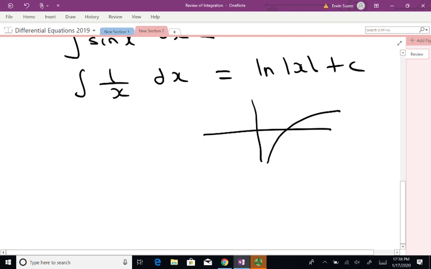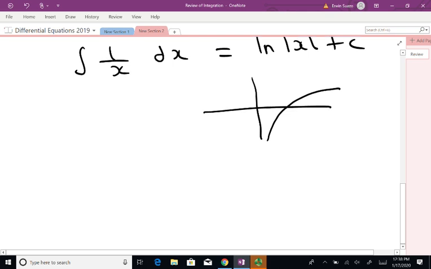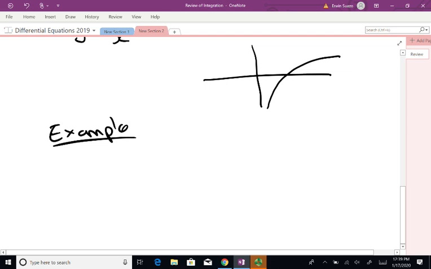Then we go to the last thing you learned in calculus 1, which was integration by substitution. So let's do one integration by substitution. For example, let's do the integral of x plus 3 squared dx.